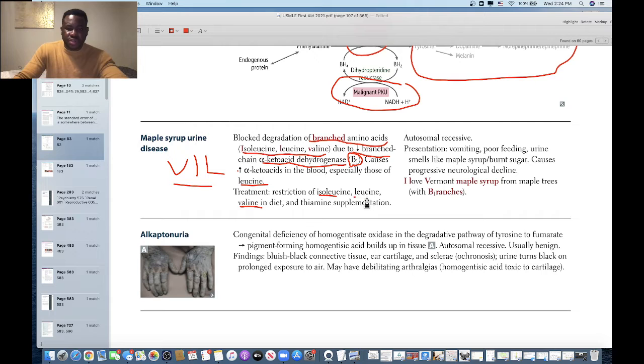We restrict these amino acids, and also we can give them thiamine, because thiamine is a cofactor for the dehydrogenases. So if we lack the dehydrogenase enzyme, and just as I explained earlier, it's not that we are lacking it totally, it's just deficient. So if we give B1, which is thiamine, the little that they have can work and degrade the VIL.